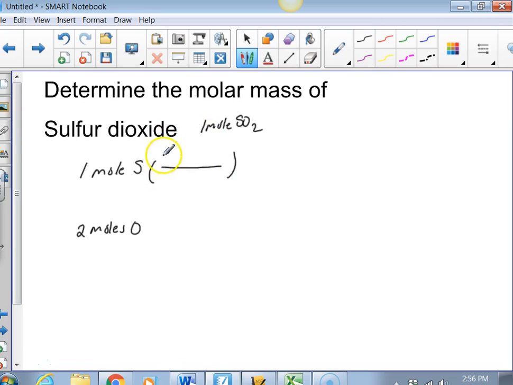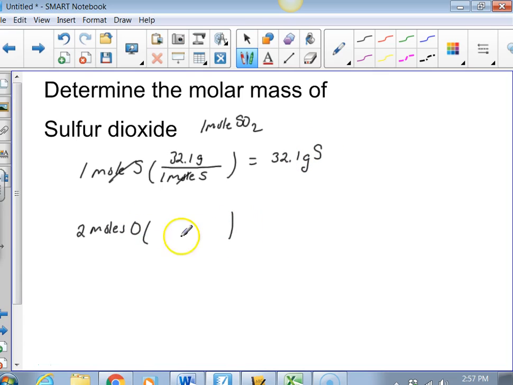We want to know the mass. This is the mass of 1 mole, so this is also going to be the sum total. For every 1 mole of sulfur, 32.1 grams. An individual atom of sulfur is 32 AMUs, but a mole of sulfur is 32.1 grams. That gives 1 mole cancel, and that gives us 32.1 grams from sulfur.